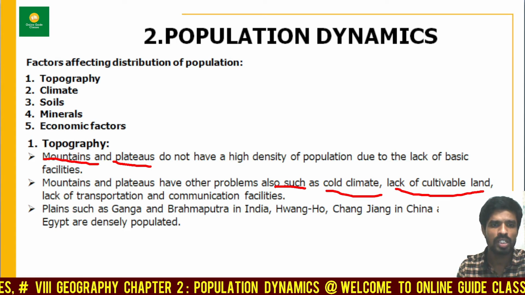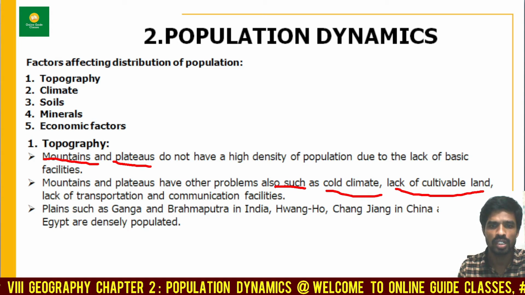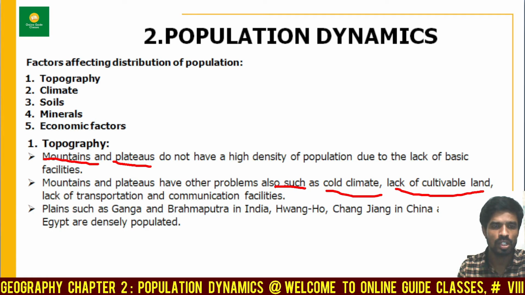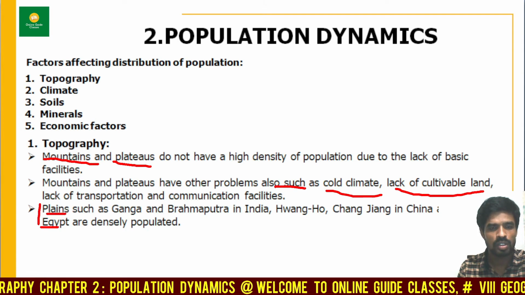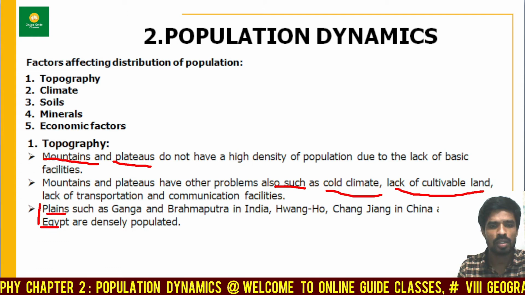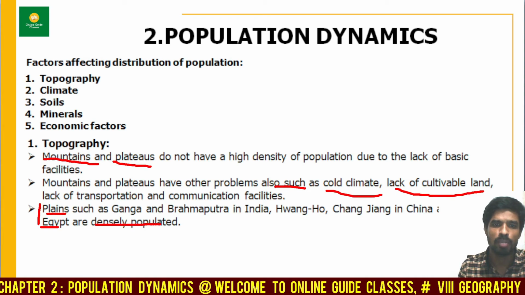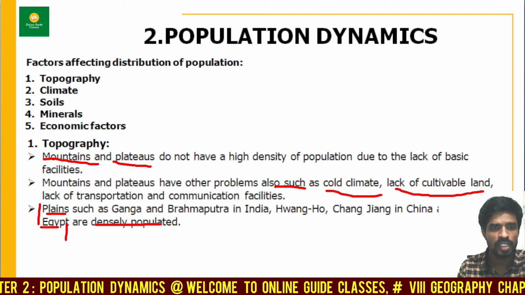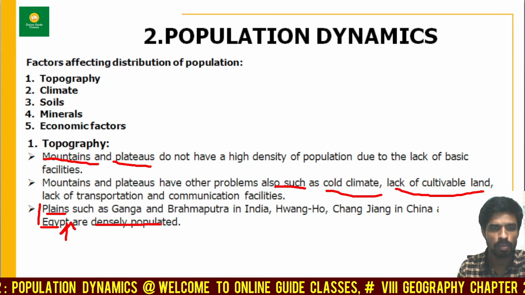The second point is plains, such as the Ganga-Brahmaputra in India, the Hwang Ho and Chang Jiang in China, and the Nile in Egypt, which are densely populated. In plains, most of the population is thickly populated. Densely is nothing but thickly populated. What is the reason here? Because these plains are formed by rivers. Rivers make the plains.